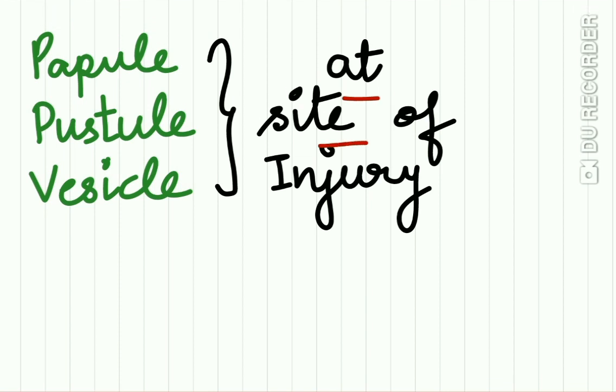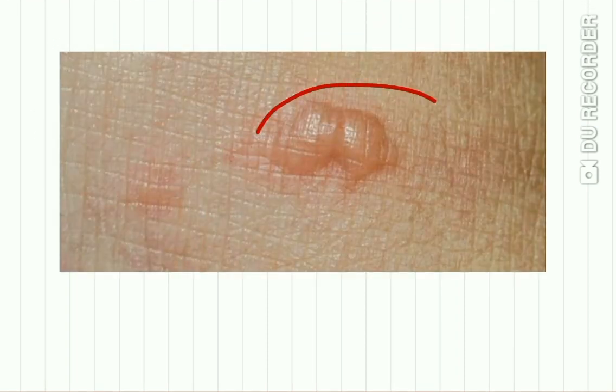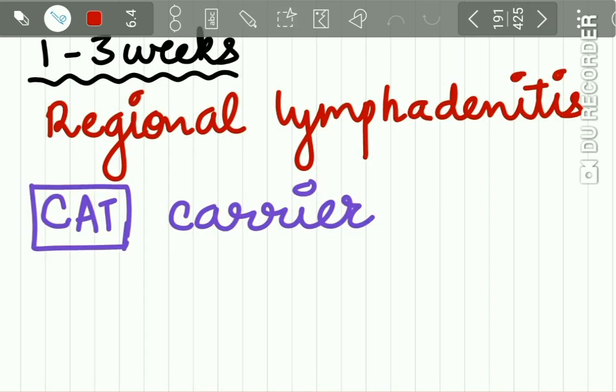At the site of injury, the first lesion is a papule or a pustule or a vesicle. So here is the classic papule of cat scratch disease occurring at the site of entry of the organism.